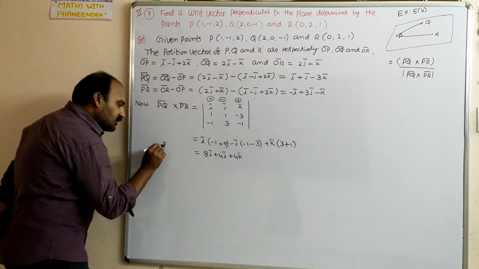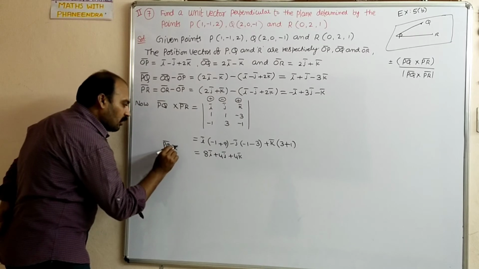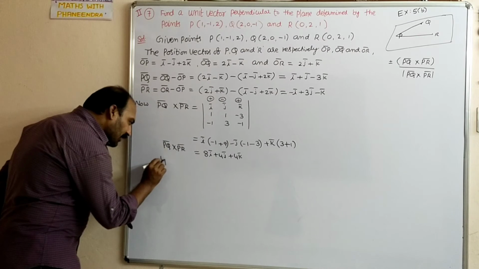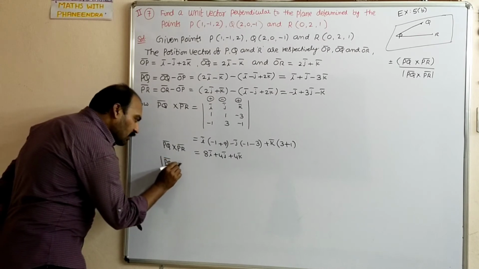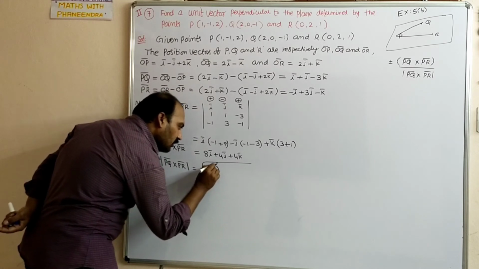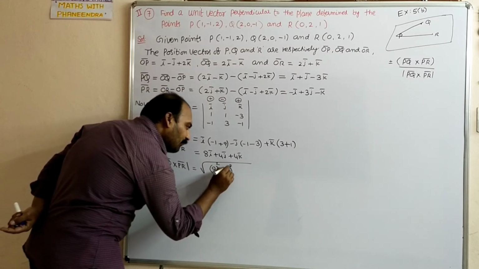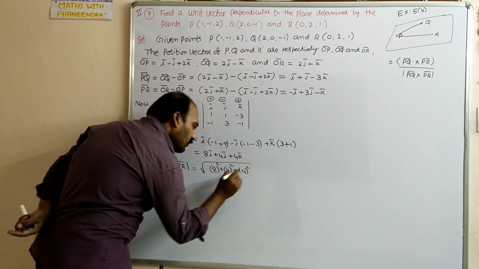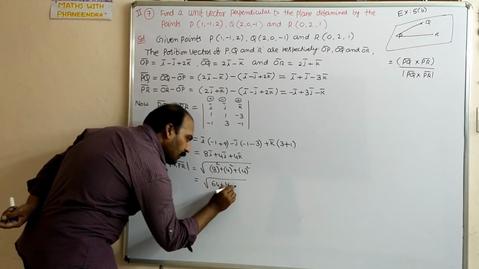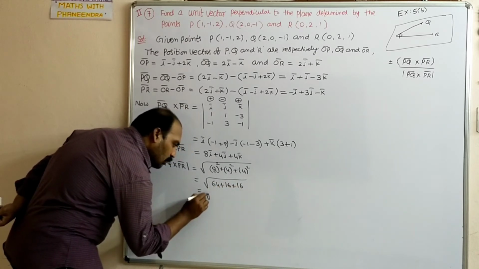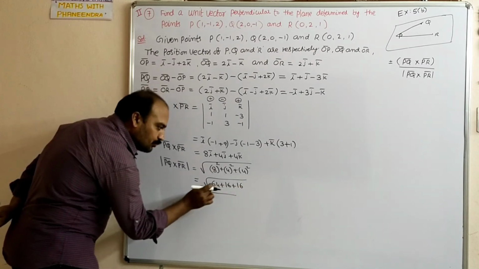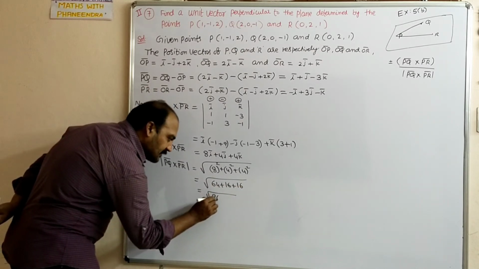This is the vector PQ bar cross PR bar. So magnitude calculate, vector we got it. PQ bar cross PR bar magnitude equal to square root of 8 square plus 4 square plus 4 square, which is equal to root 64 plus 16 plus 16, which is root of 16 plus 16, 32. 32 plus 64, 96.